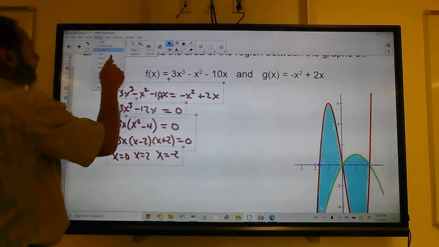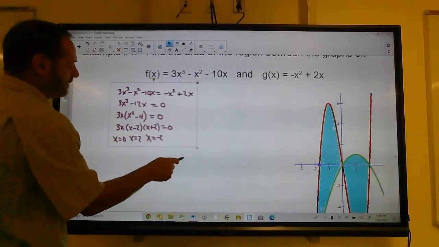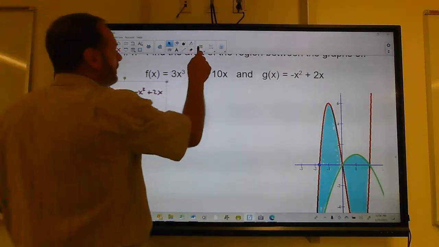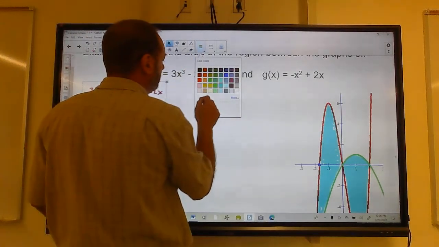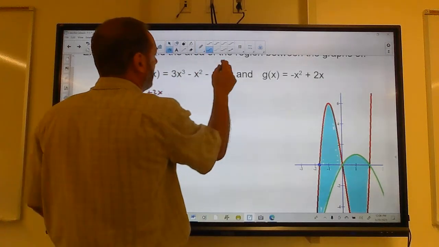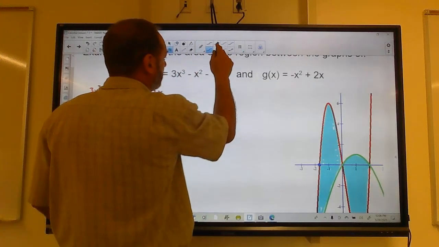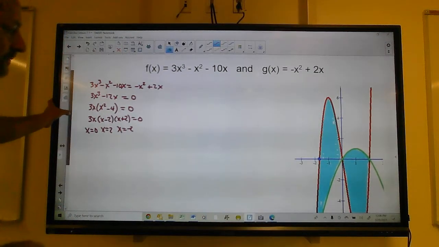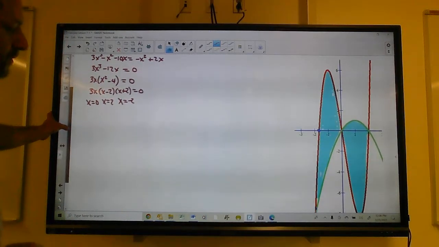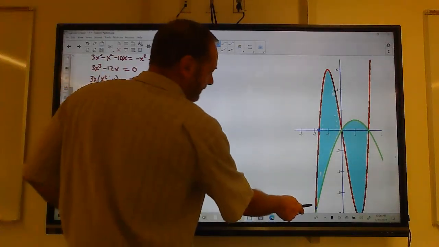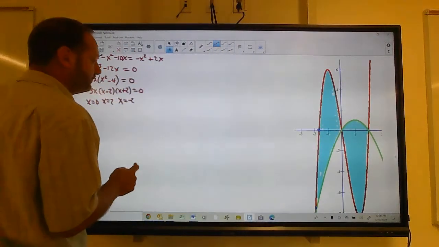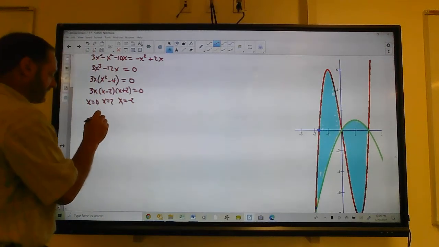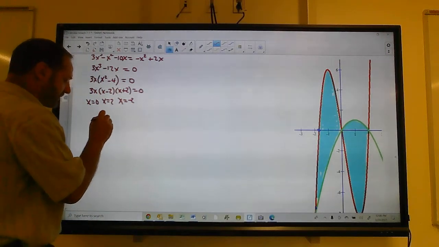Okay. Now let's figure out what integrals we're going to use here. Okay. So we're going to take the integral from negative 2 to 0.